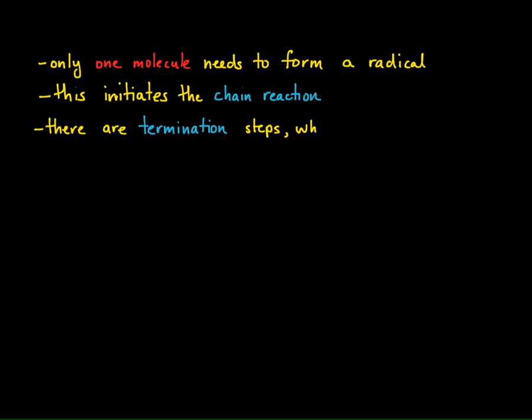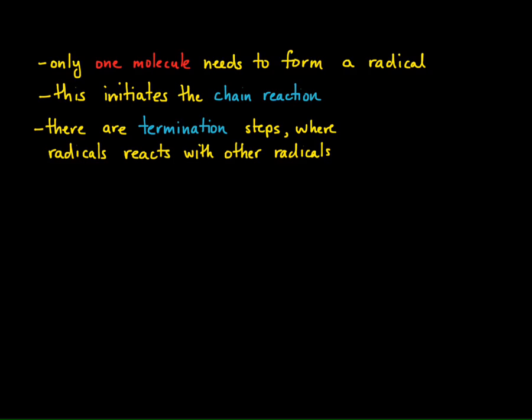Now, there certainly are termination steps, and a termination step is when the product is no longer a radical. So the key for steps 3 and 4 is that you're producing radicals, and those radicals are going to keep reacting and reacting. It is possible where radicals react with other radicals.